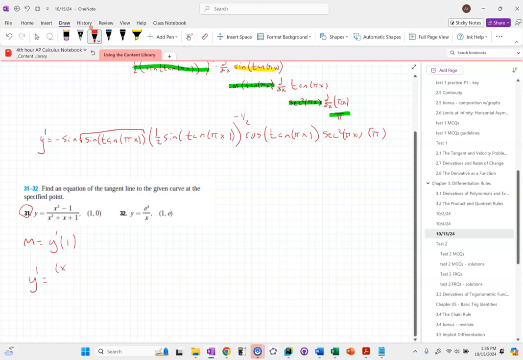So that's the bottom times the derivative of the top minus the top, jeepers creepers, times the derivative of the bottom, all over bottom squared.